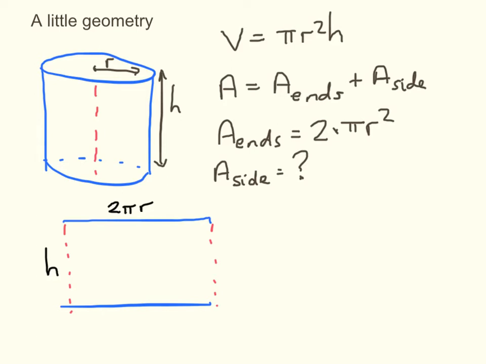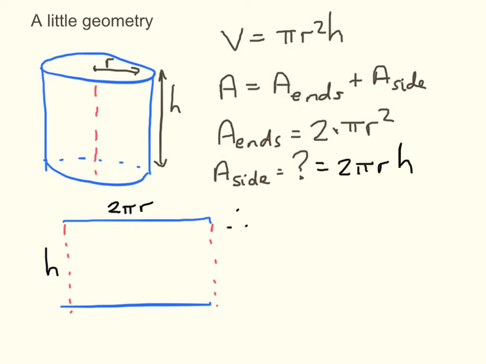So if you imagine unfurling your cylinder like this, you can see that you're going to get a rectangle. One side is h, the other side is 2 pi r, where r is this radius, and the area of the rectangle is this length times this length, so the area of the side is going to be 2 pi r h.